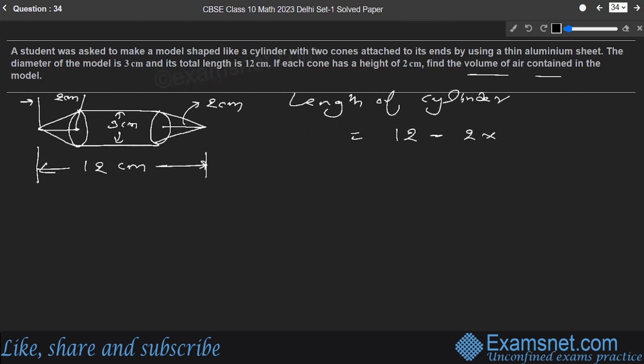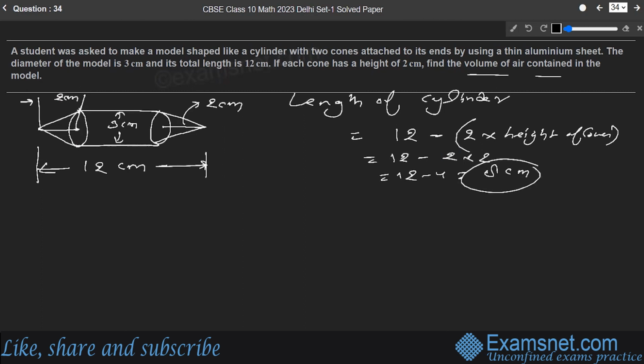That is 12 minus 2 into 2, that is 12 minus 4, which is equal to 8 centimeters. So the length of the cylinder is 8 centimeters. We can show that here. This particular length is 8 centimeters, so the height of the cylinder is also 8 centimeters.